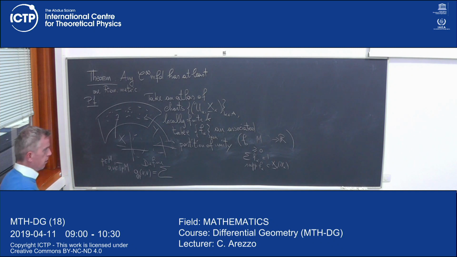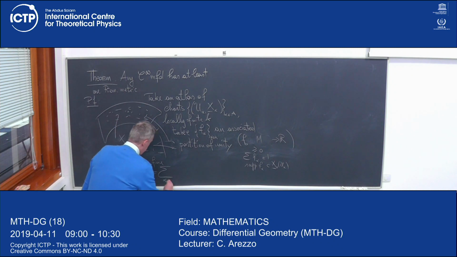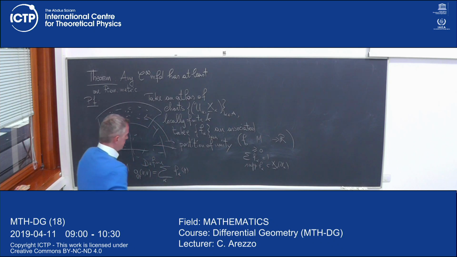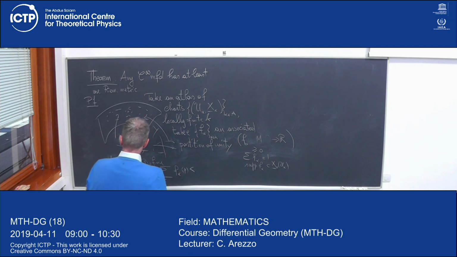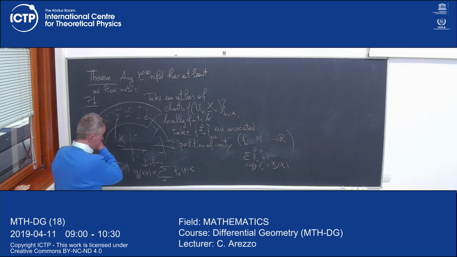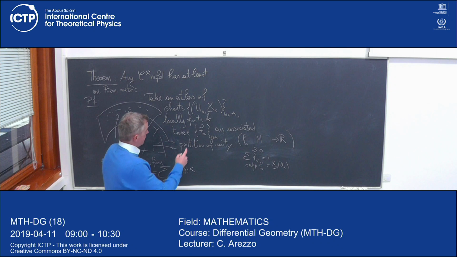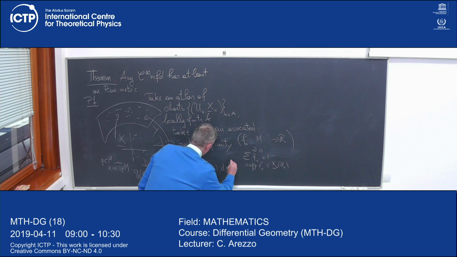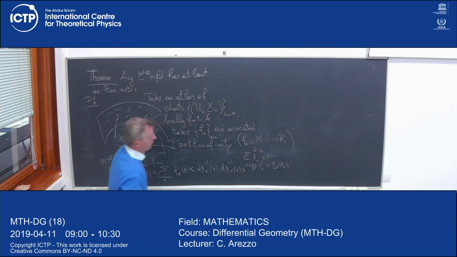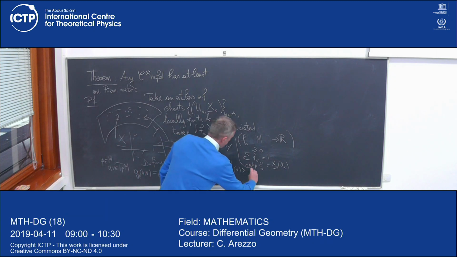So let's write it completely. This is the sum over alpha of F alpha of P times the product of dx inverse alpha of U and dx inverse alpha of V. Here I don't have to say at which point.